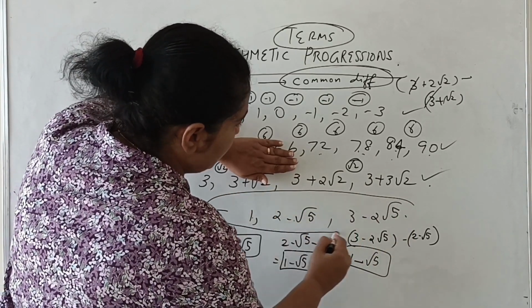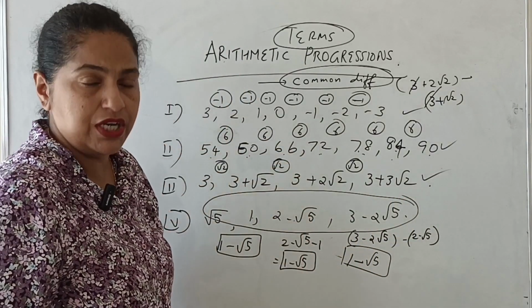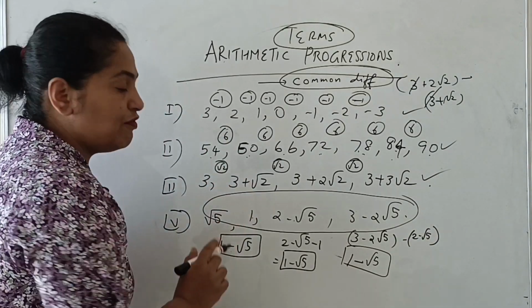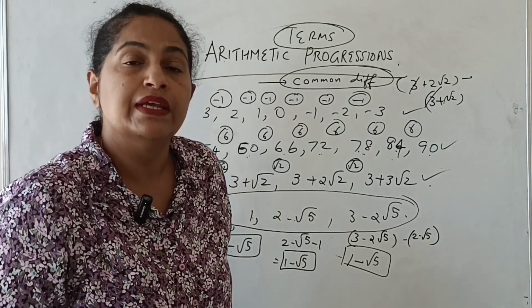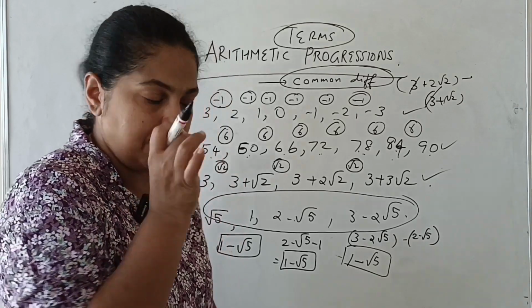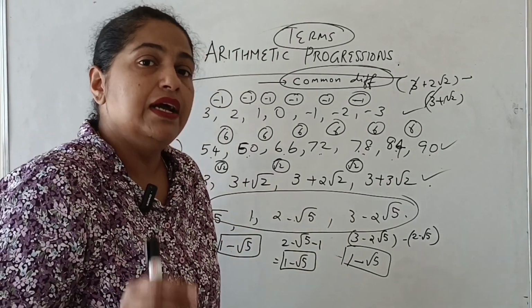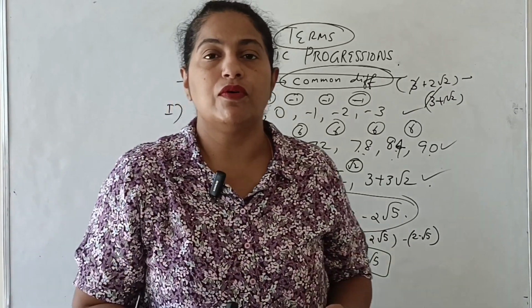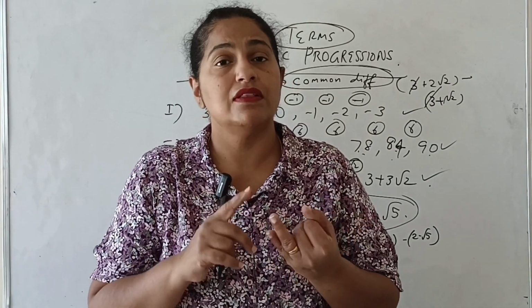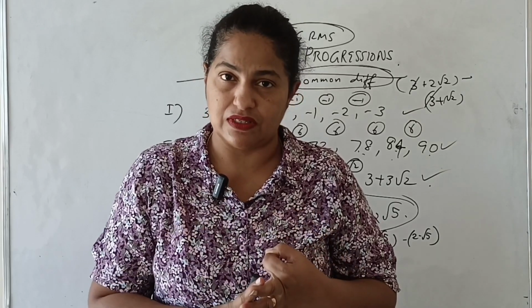There are 4 terms in this arithmetic progression, and the common difference is 1 minus root 5. The first term of the arithmetic progression is root 5.